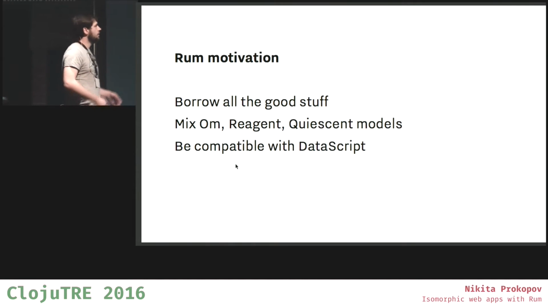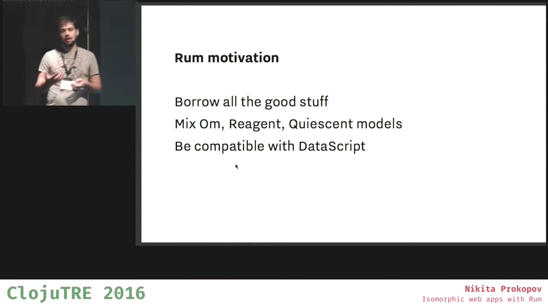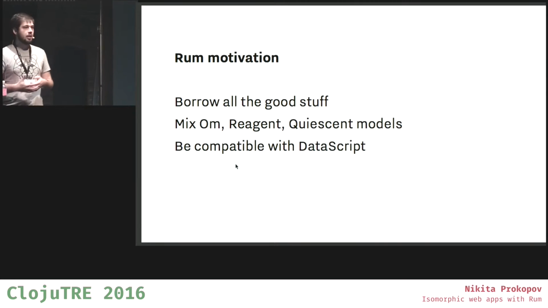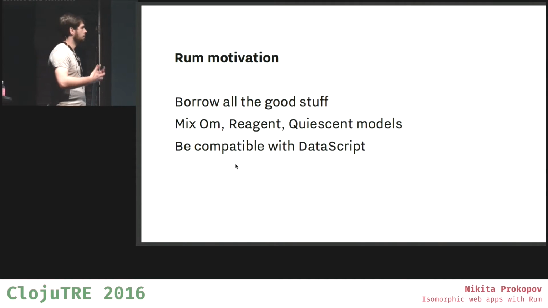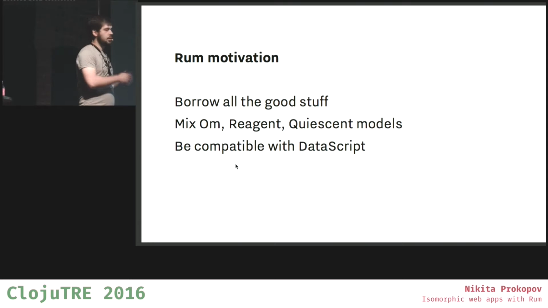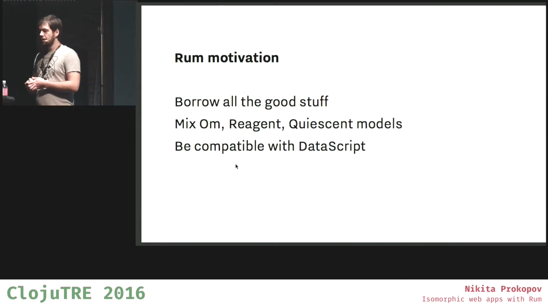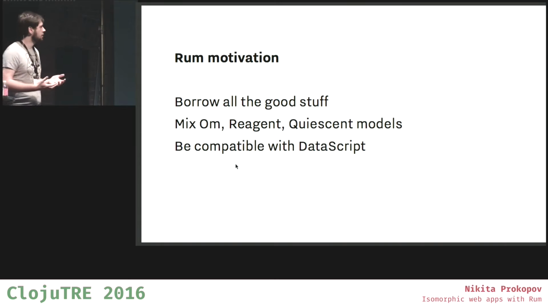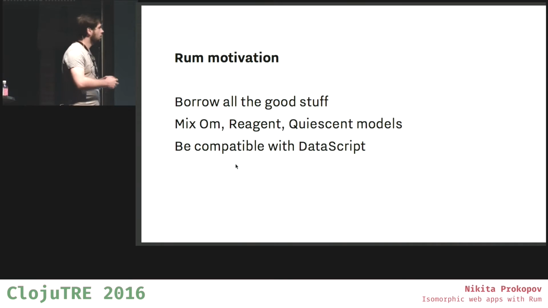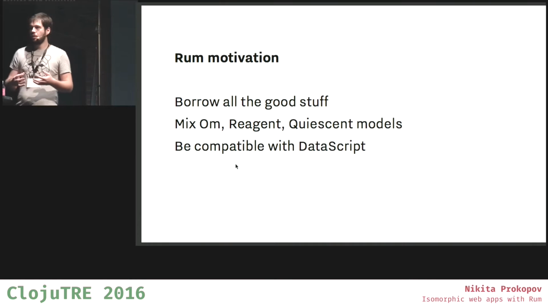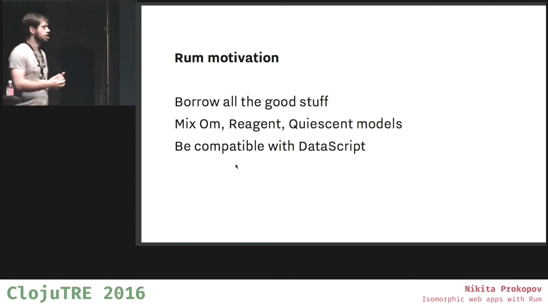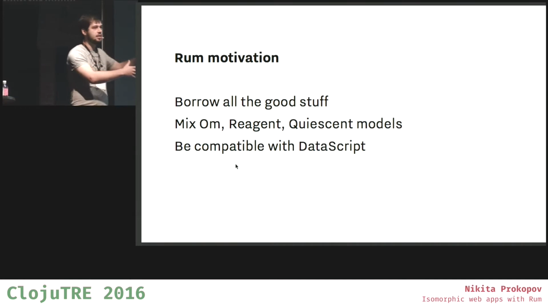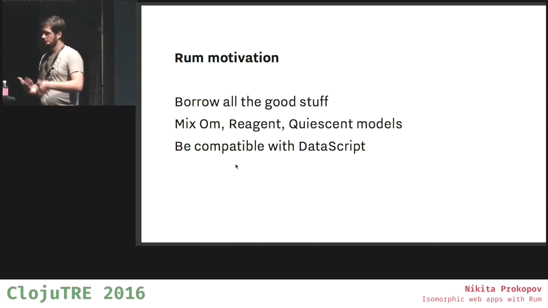Because I didn't feel confident enough that I can decide which one of the models is really best and completely ignore the others. So my idea was that all of these approaches are good, and probably we can combine them somehow, and use all of them when it's appropriate. So maybe in one application you have a place where it's best to use the Om model, but another place where the Reagent model fits better, right?